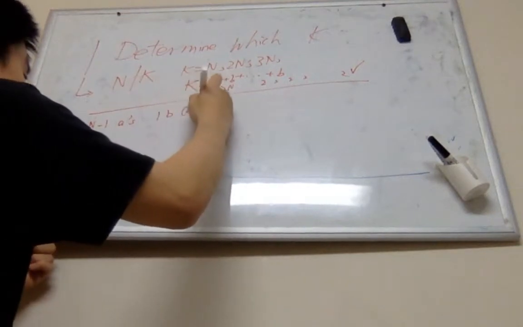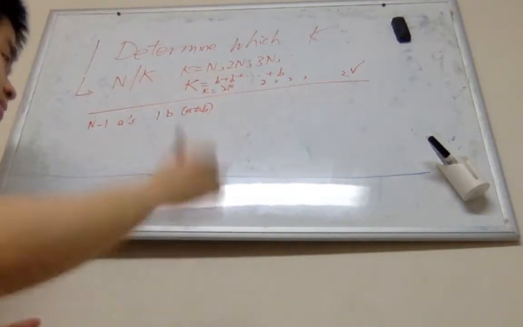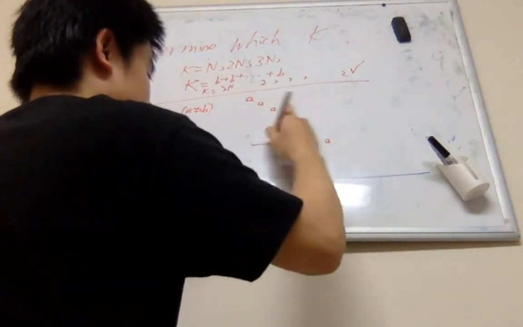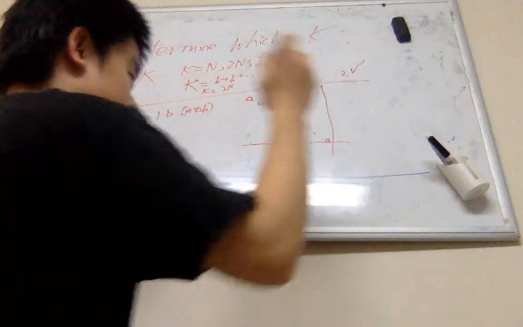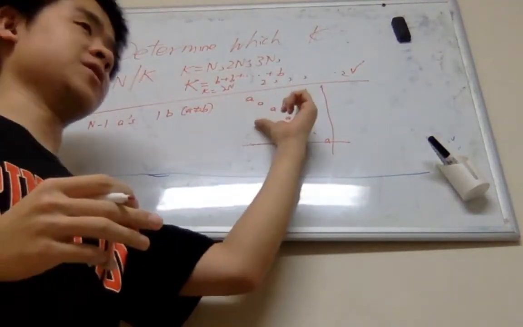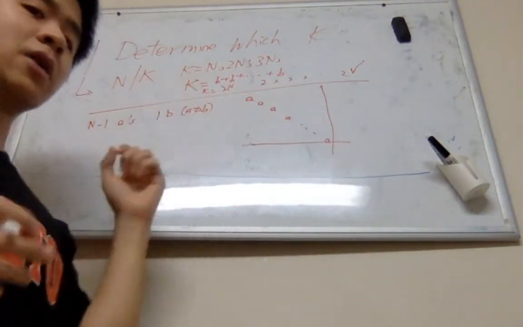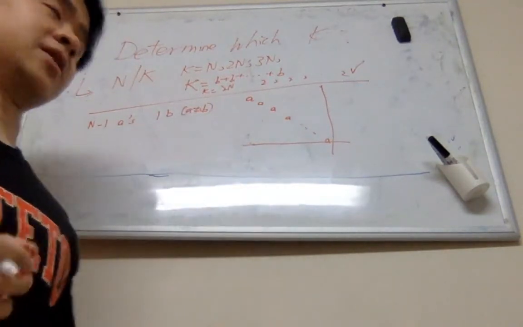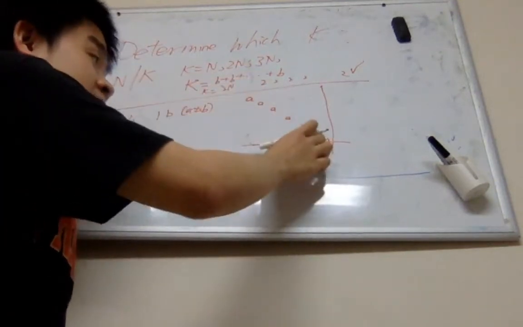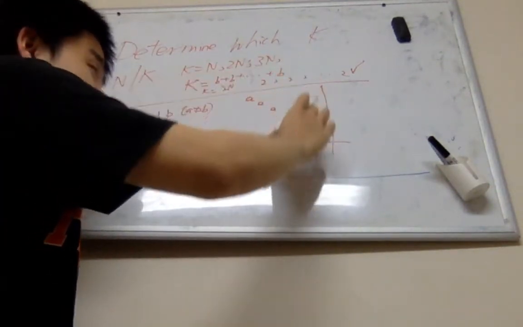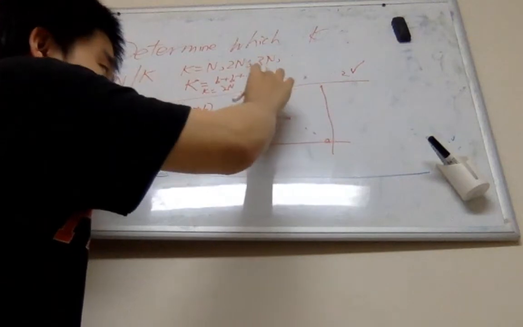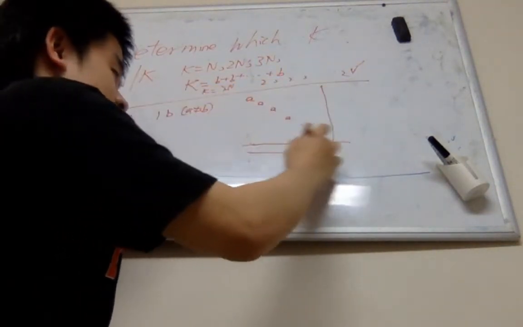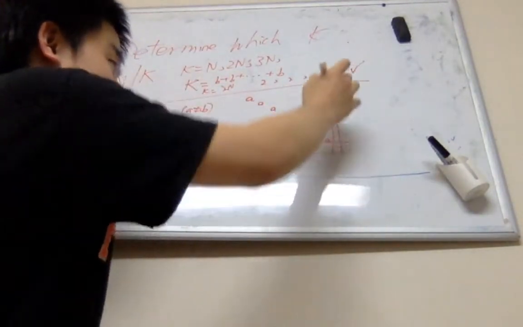Here we have a not equal to b, because once we have all the a's on the diagonal, there are n minus 1 of them here, and by our requirement we want a to appear in each row and each column exactly once. They cannot appear here and again because they already appear on this line.